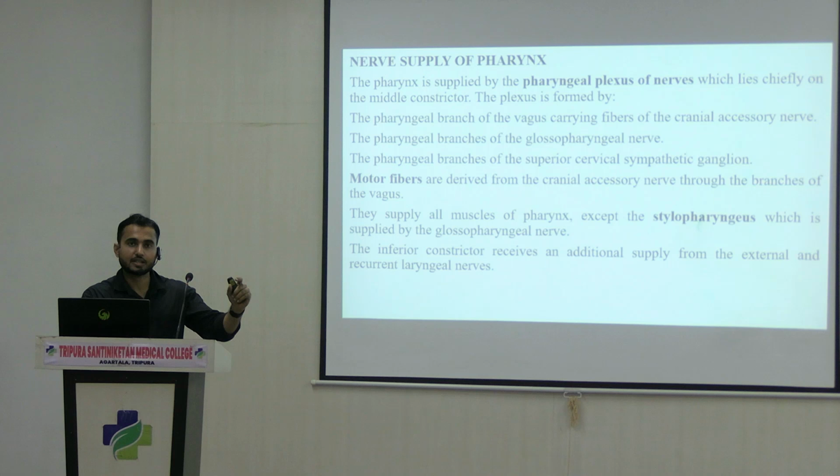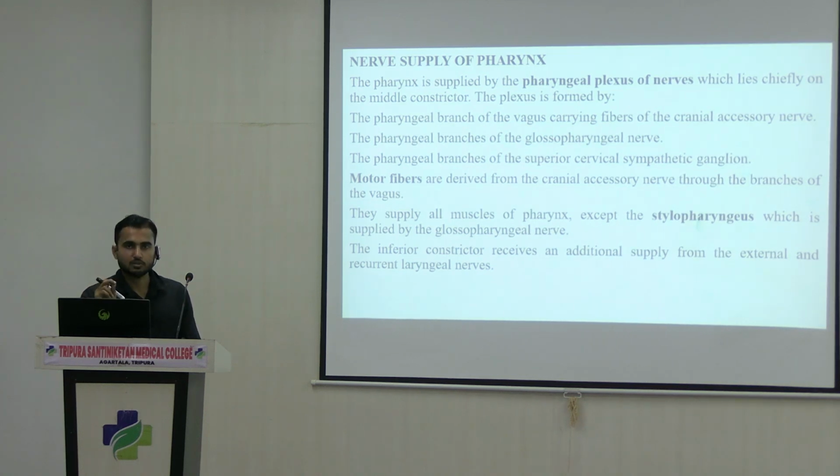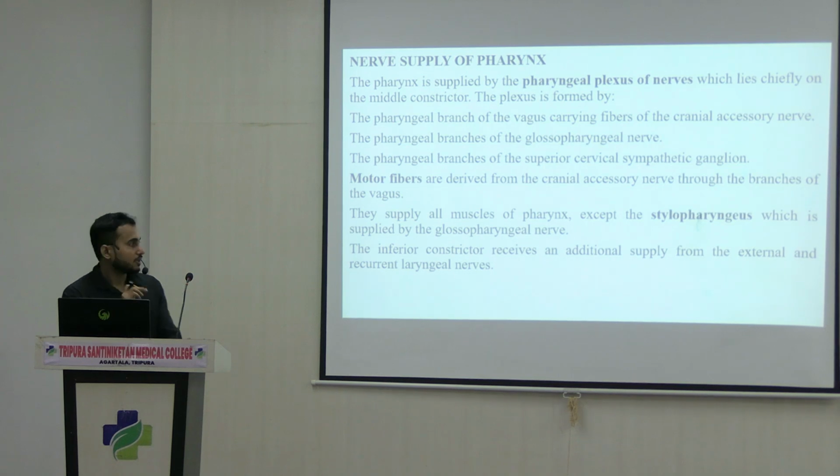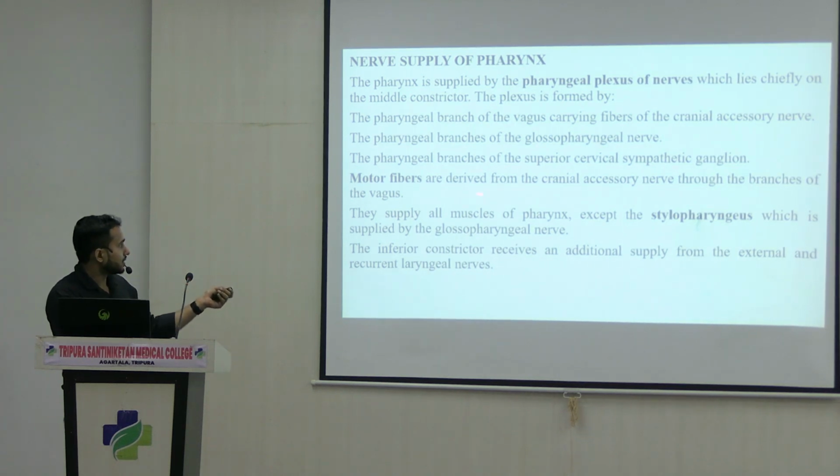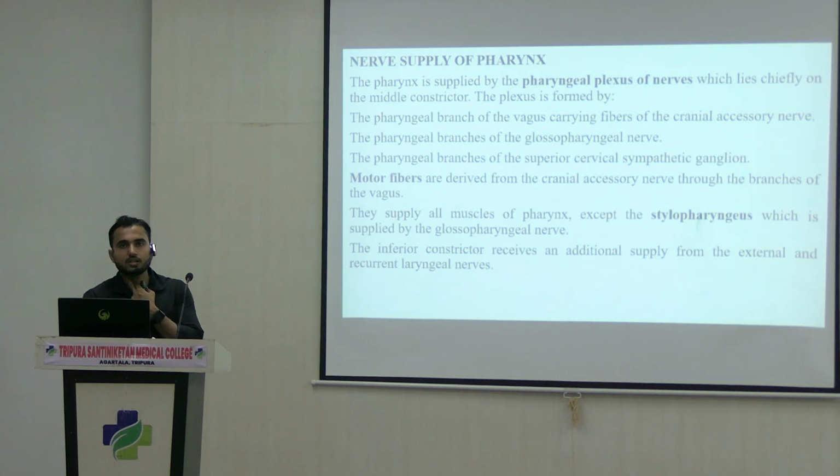All the muscles of this area are supplied by this nerve except this muscle which is supplied by this nerve, right? So repeatedly I am telling you guys to note it down. I don't know whether you have noted or not. Okay, anyway, so all the muscles are supplied by cranial accessory through the branches of vagus except the stylopharyngeus, which is supplied by glossopharyngeal nerve.